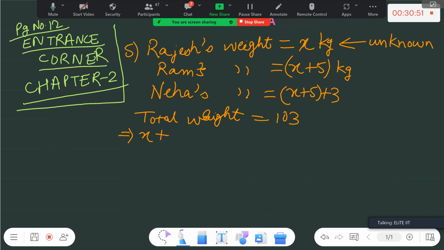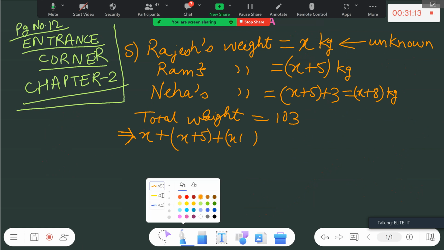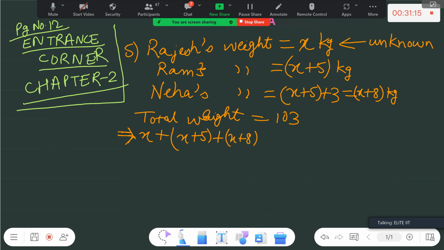This is the implies sign. Total weight means x plus x plus 5 plus x plus 5 plus 3. Can I write it x plus 8? Yes, sir. 5 plus 3 is 8. So I can write it x plus 8. Equal to 103.